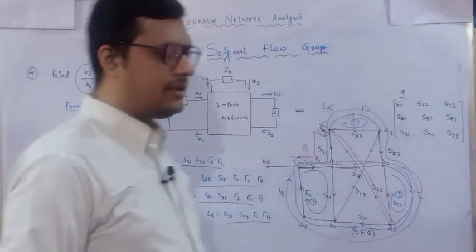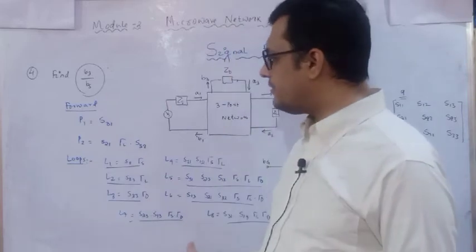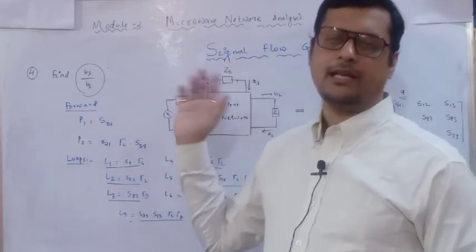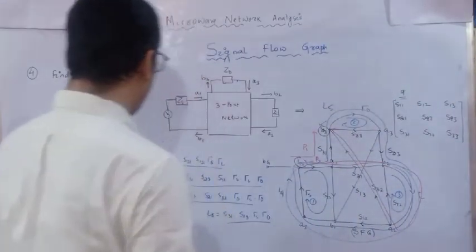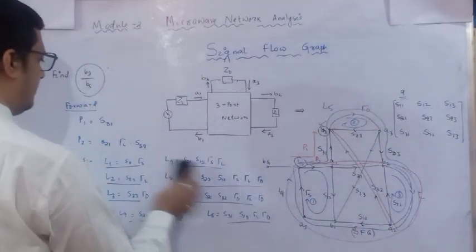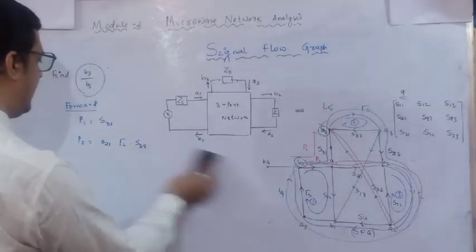Now with respect to this, I have to use Mason's gain formula, through which I can substitute all these values in my above equation. So I will erase these loops and represent them in terms of L1, L2 and L3.